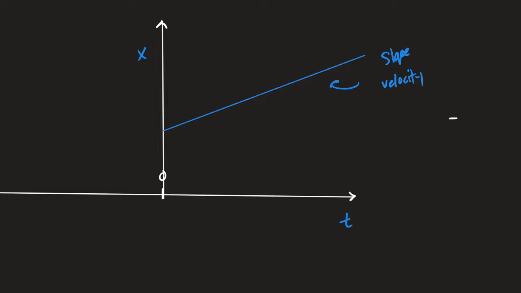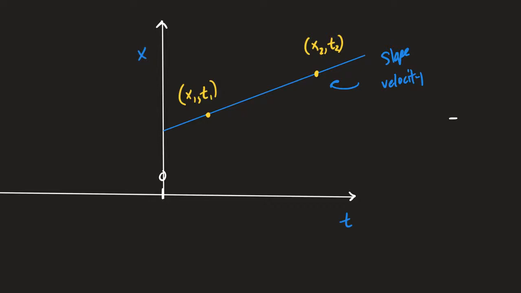Now, I'm bringing this up on purpose because if you're the kind of person who finds the 2 points, labels them, this would be x2 and t2, and this one would be x1 and t1. I'm not using y and x because I have x on the vertical axis and I have t on the horizontal axis. Okay so far?